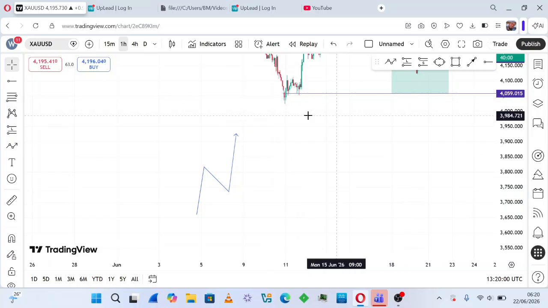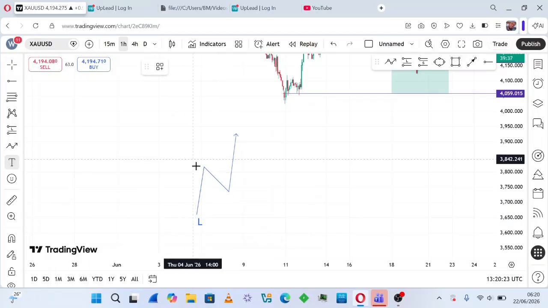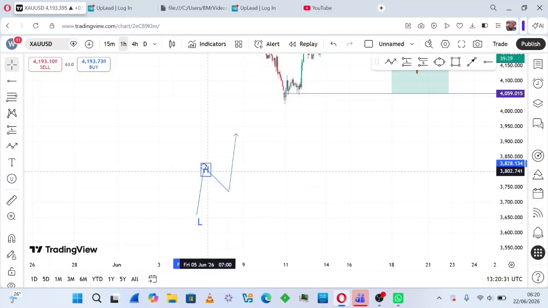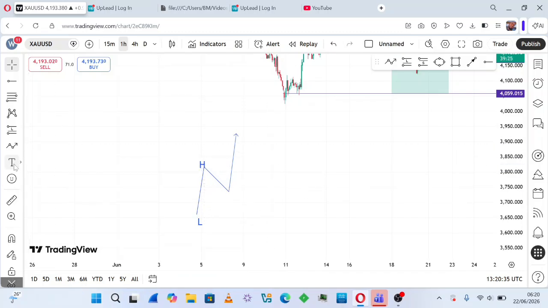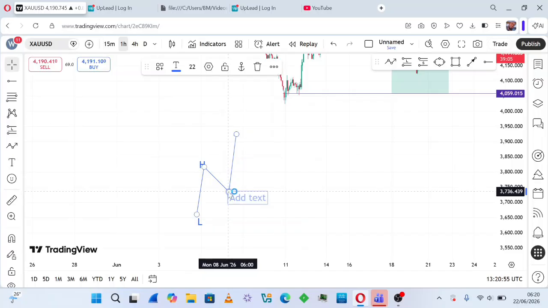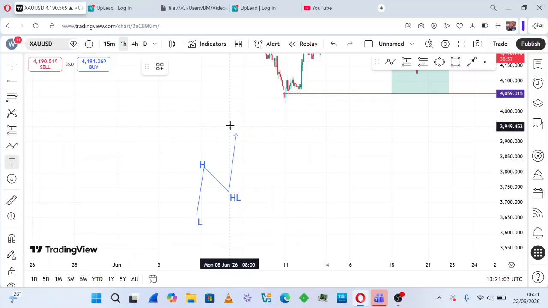In most textbooks, you will see they label it this way. Guys should pay attention. This is the easiest way to do this.